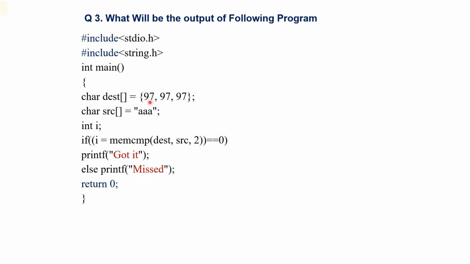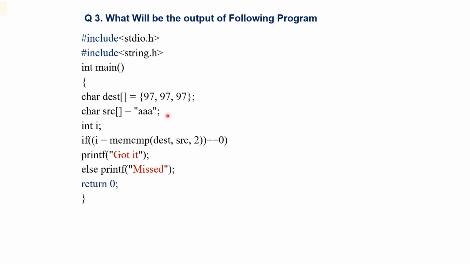And we know that the ASCII character corresponding to the value 97 is A. So all the characters of this dest string will be initialized with the character A. That means the first, second and third characters will be initialized to the character A.